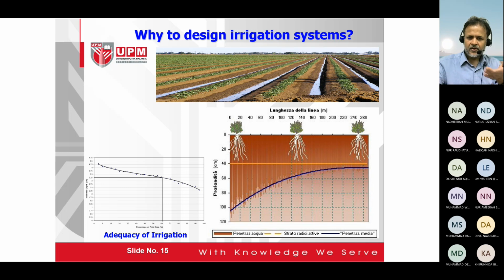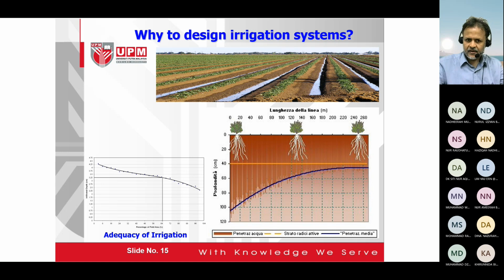Water will move horizontally and vertically, both ways, because the soil has some pores, some spaces. So when water moves left and right, water will also move vertically. Both ways. That's why you can see here water moving left and right.